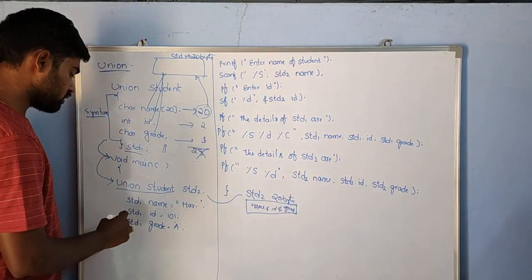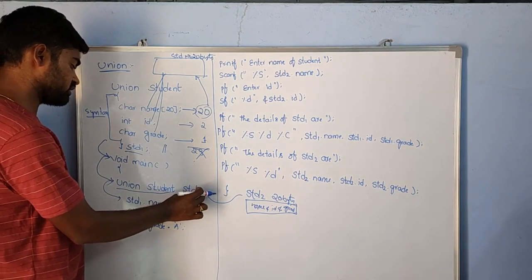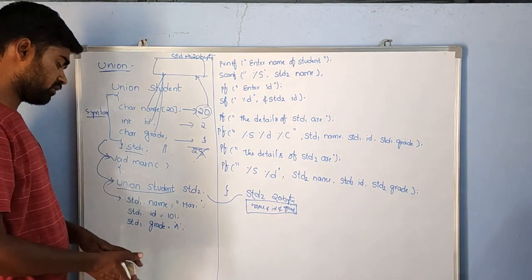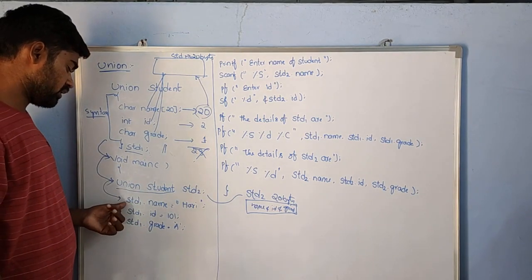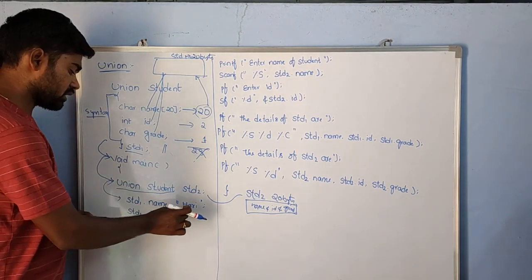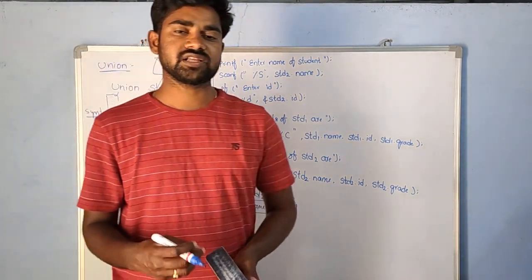After completion of the creation of the variable for std2, we are assigning the name, ID and grade to the std1 variable. Whenever you are assigning the variable, what do you have to use here? We need to use the dot operator. So what is the dot operator?